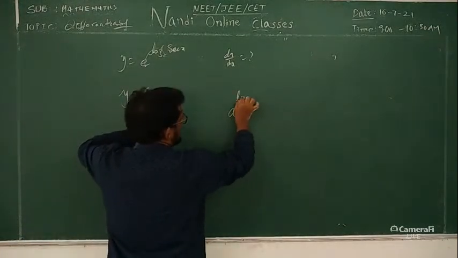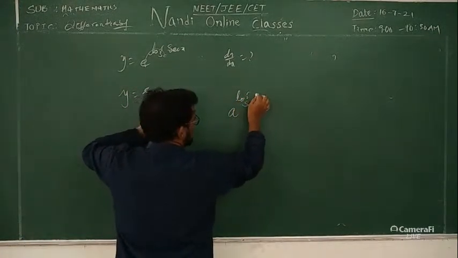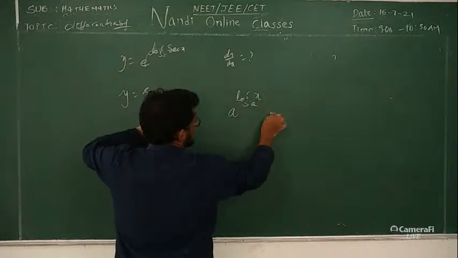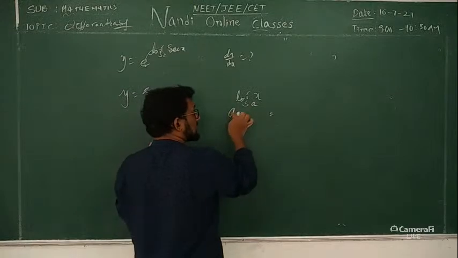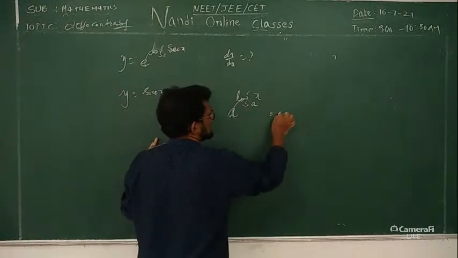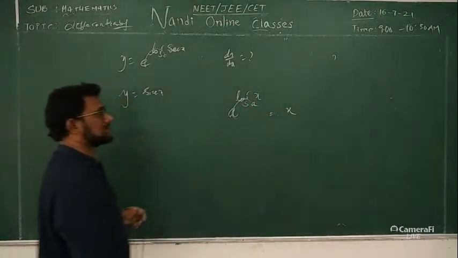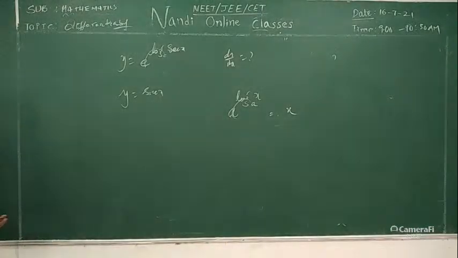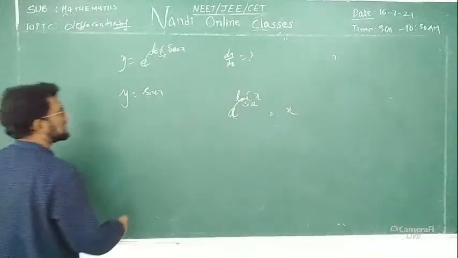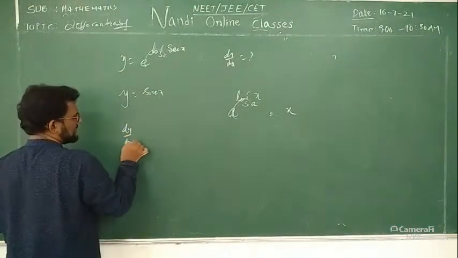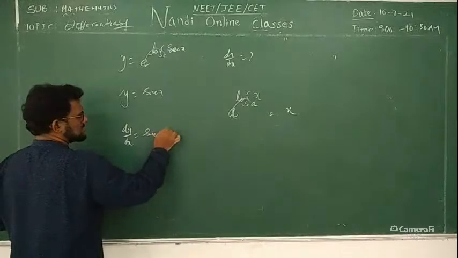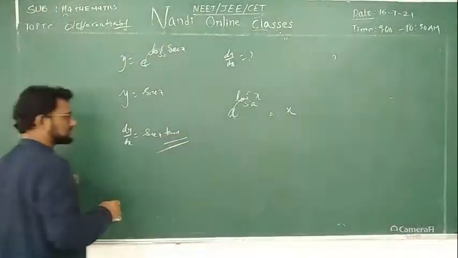See, a power log of x to the base a. When the logarithmic base and actual base coincide, your result can be considered as just the logarithmic number x only. With this sense, your y value will be secant x. Therefore, dy by dx is equal to secant x tan x.